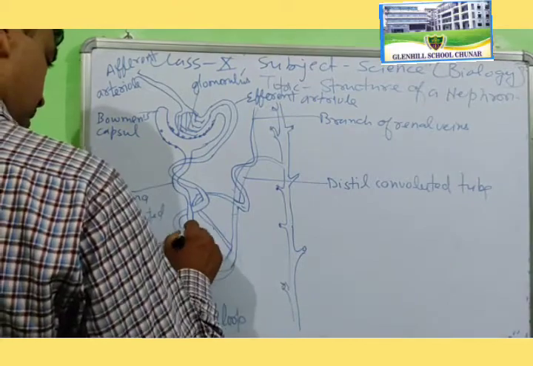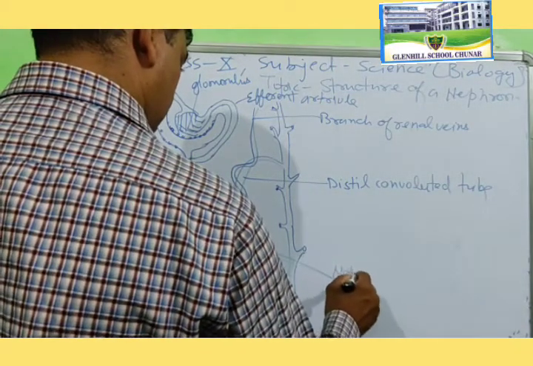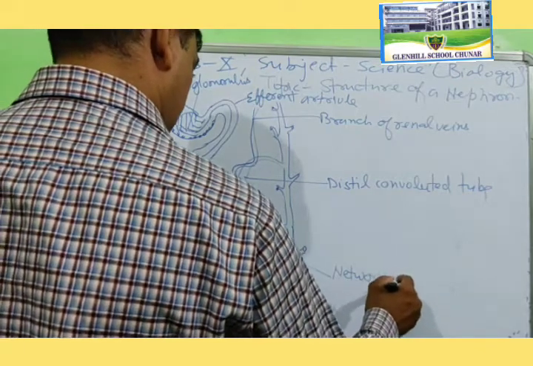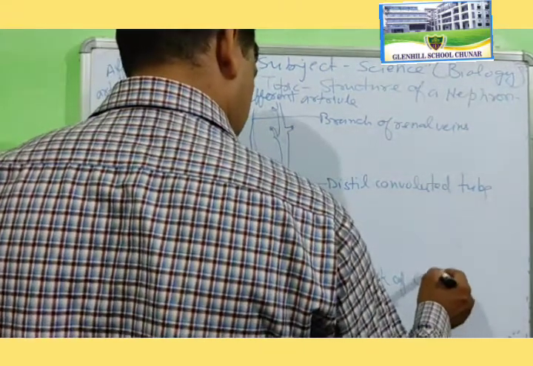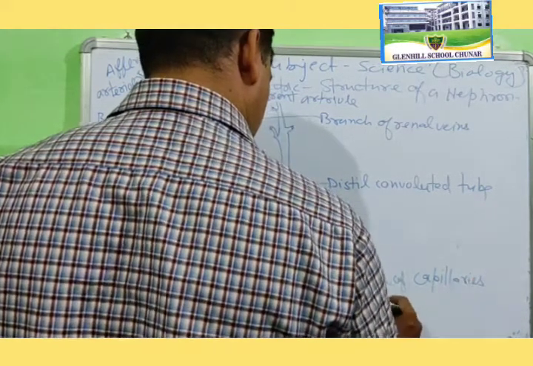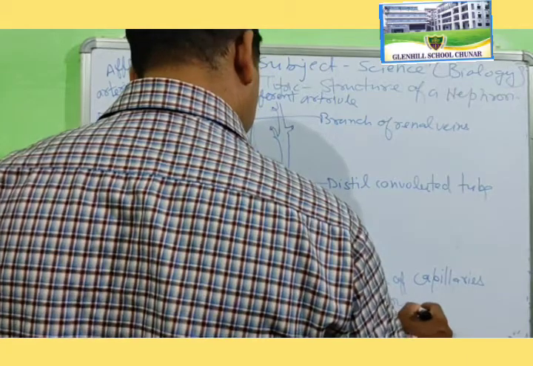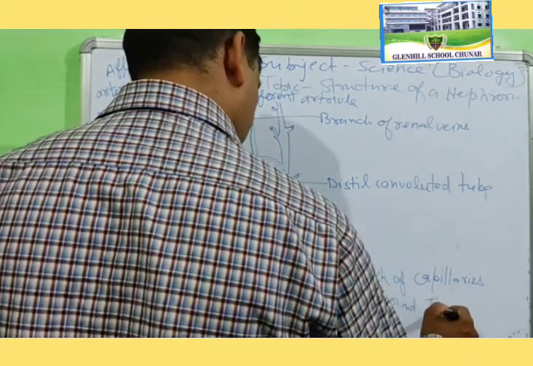This is the network of capillaries around the tubules.